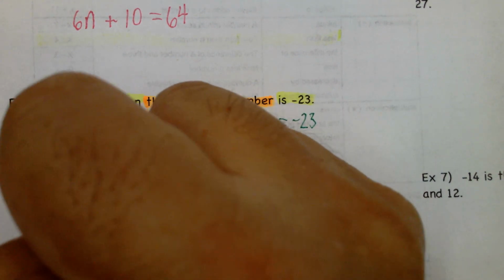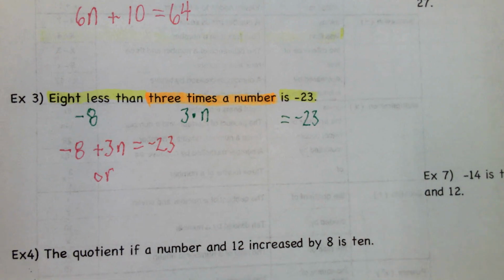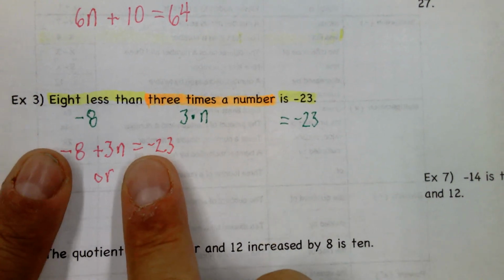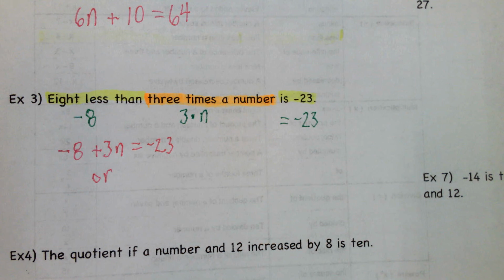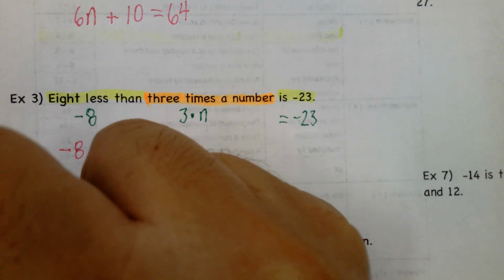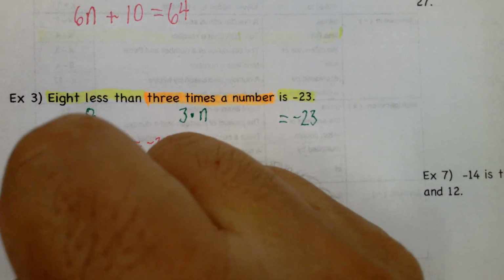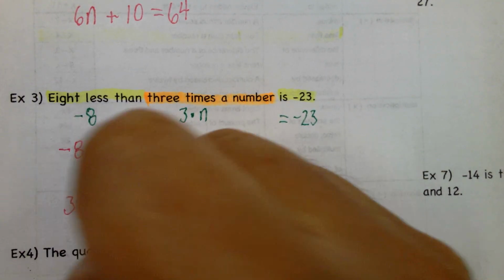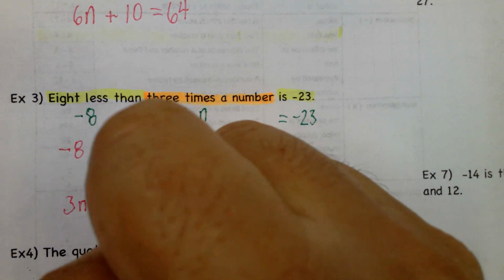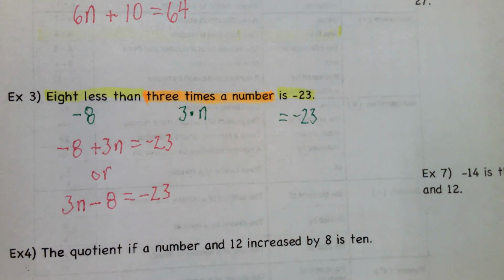Or, again, it's adding, so I can flip these. I could put 3n in front, and then since this is negative, I would put minus 8 equals negative 23. And make sure you write these down. And if you don't have a highlighter or two, you can just underline the parts I'm highlighting.